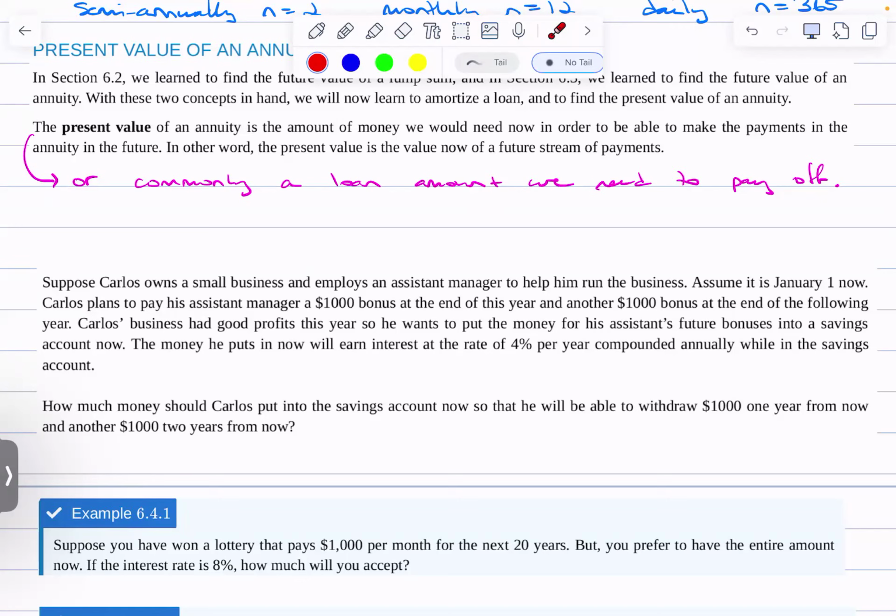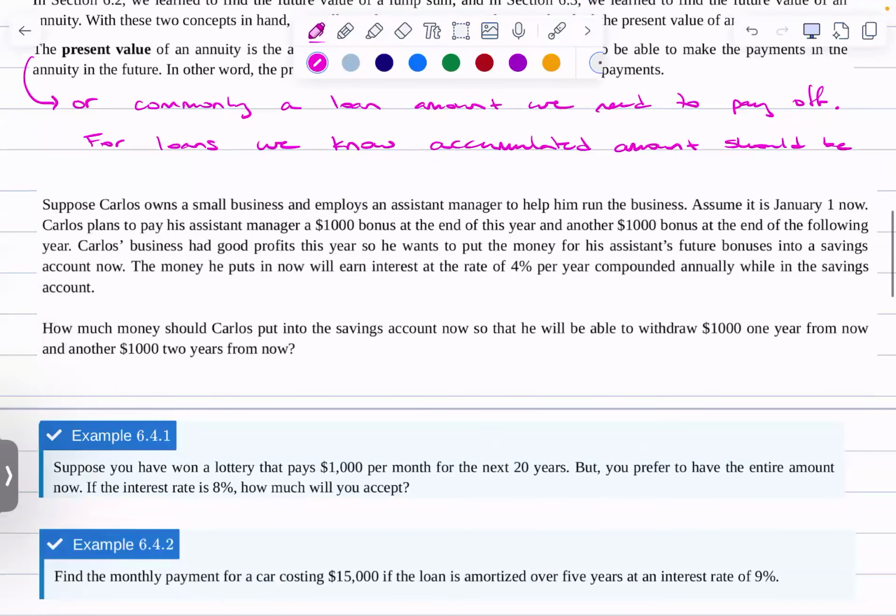So for loans, we know the accumulated amount should be 0, paid off at the end of the term.